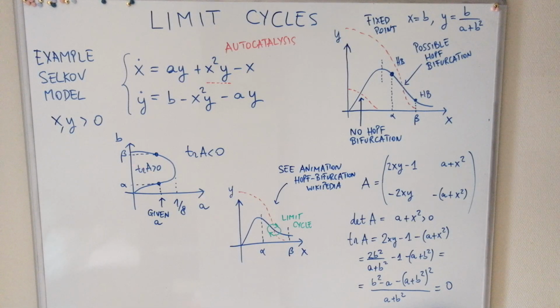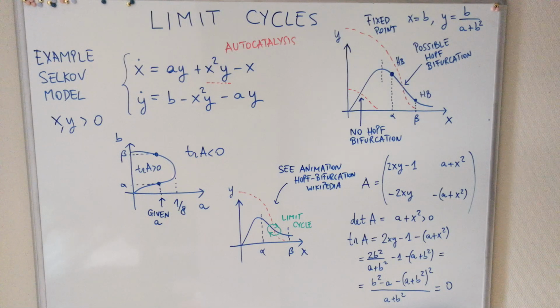So you see there is a threshold of a: this Hopf bifurcation takes place in a region where a is smaller than 1/8. If a is larger than that, no matter what the value of b, you're always in a region where the trace is smaller than 0.